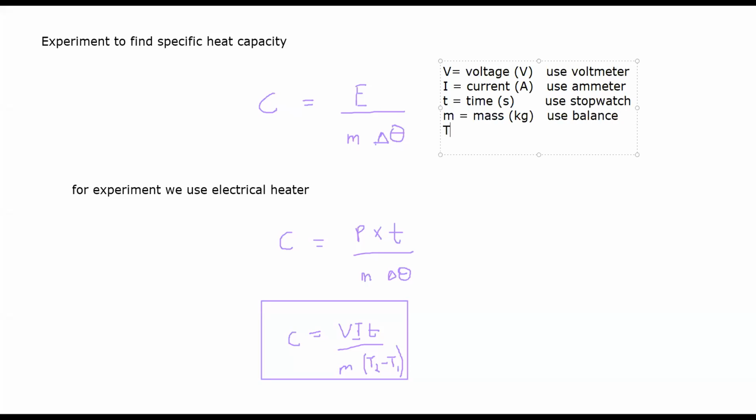T1 is the starting temperature. The unit is degree centigrade, and we use a thermometer. T2 is the final temperature, its unit is also degree centigrade, and we use a thermometer as well.